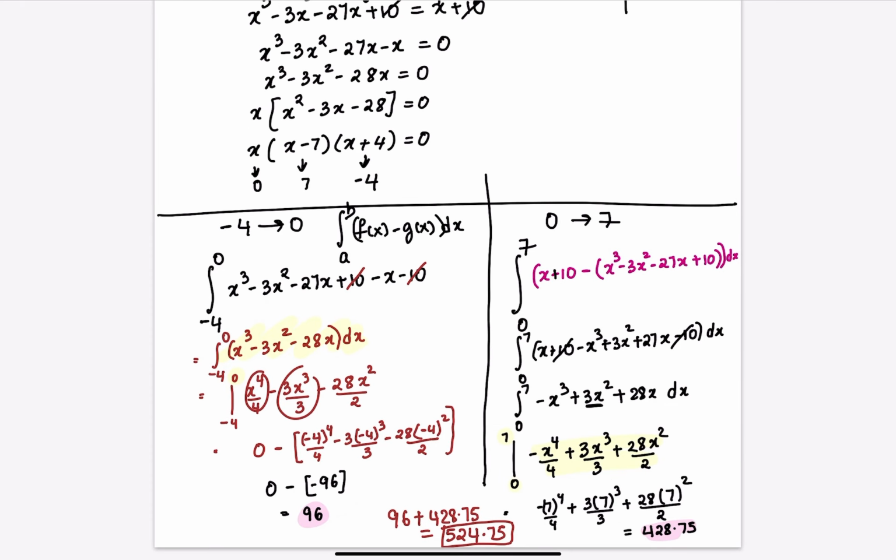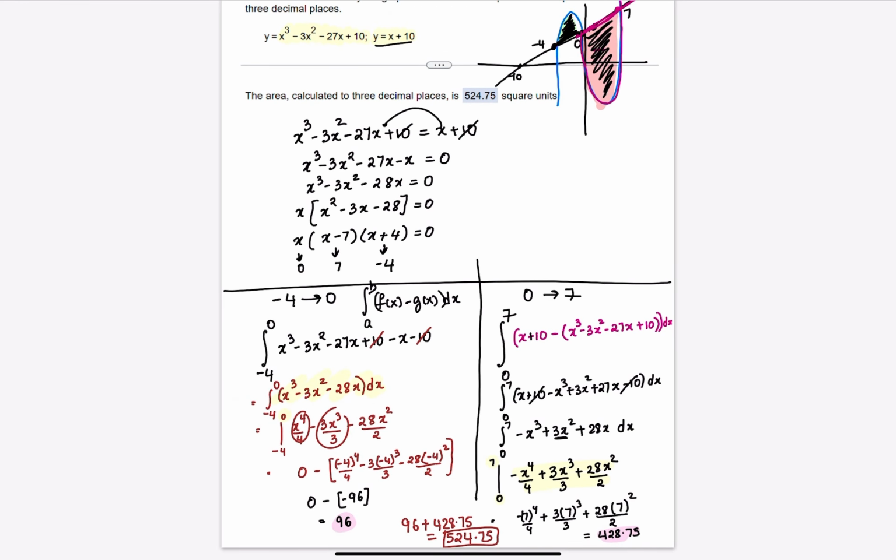So as you can see, I broke this down to negative 4 to 0 and 0 to 7. You didn't have to do this entire step here. You can simply use the same integral here, but you have to make sure you negate your answer. So you probably will get negative 428.75.